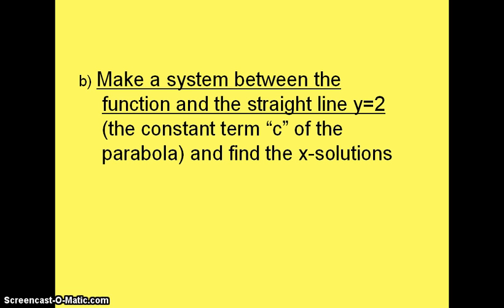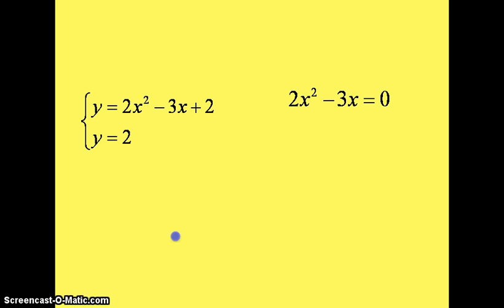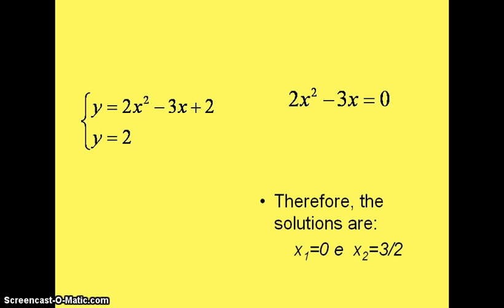The solutions are very easy because the known term 2 of the equation is simplified, and at the end we find the 2 points that belong to the parabola. Like this: x1 equals 0 and x2 equals 3.